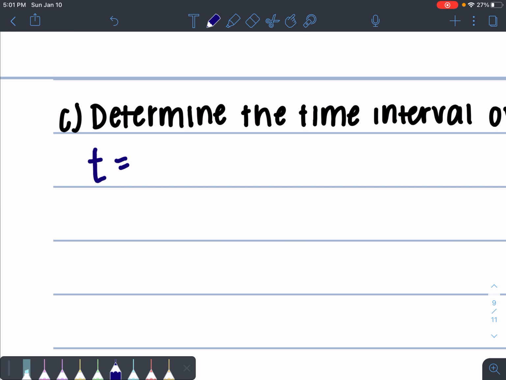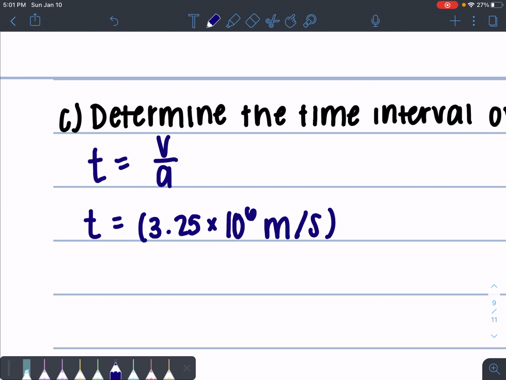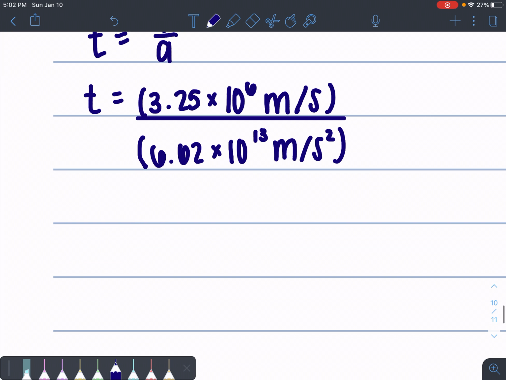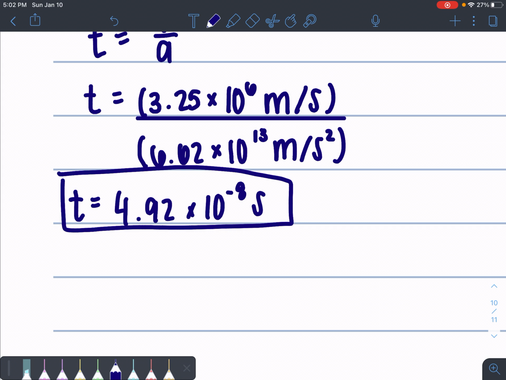So I got t is equal to v over a, and then t is equal to 3.25 times 10 to the 6th meters per second over 6.62 times 10 to the 13th meters per second squared. Then I got 4.92 times 10 to the negative 8th seconds. That's the answer for that.